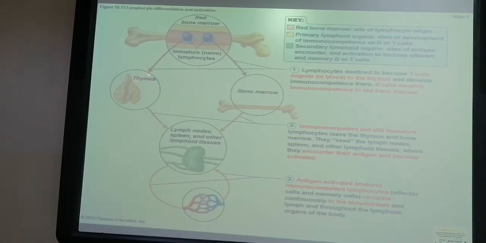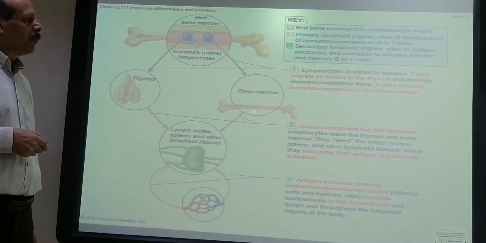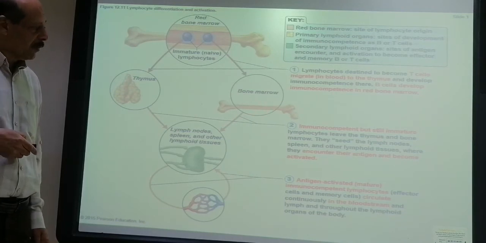Then the thymus gland, the lymph nodes, the spleen and other lymphoid tissues help in the production or activation of the lymphocytes. So the T lymphocytes are in the thymus gland and lymphatic tissues, and the bone marrow produces the B lymphocytes.